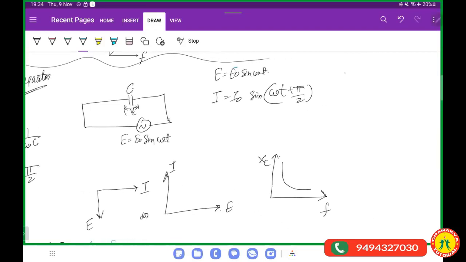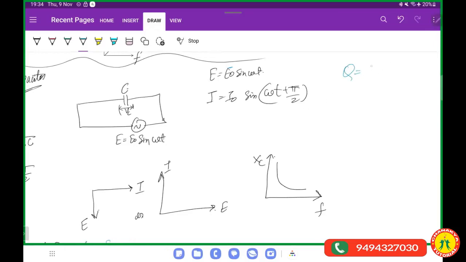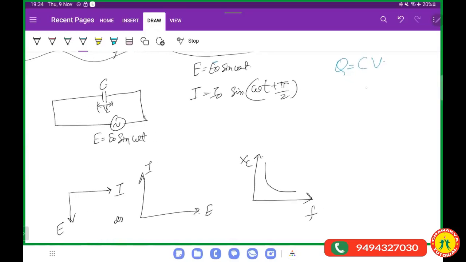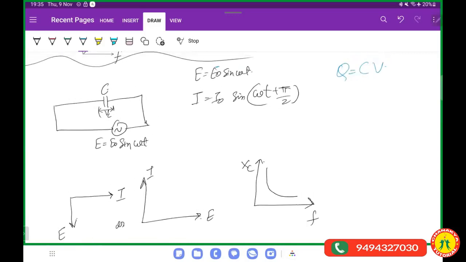You know the formula for charge and capacitors, Q equals CV. Do you know this? Do you remember this? Charge and capacitors.